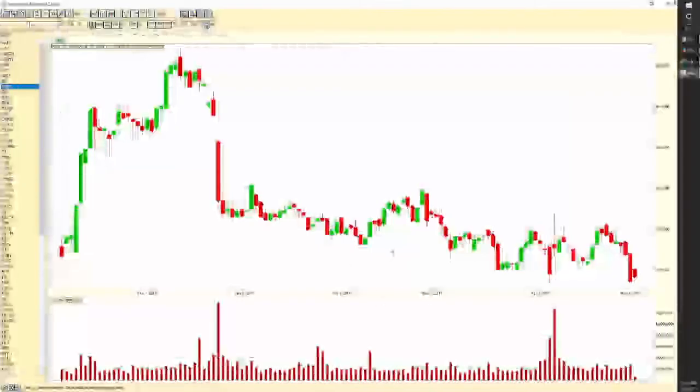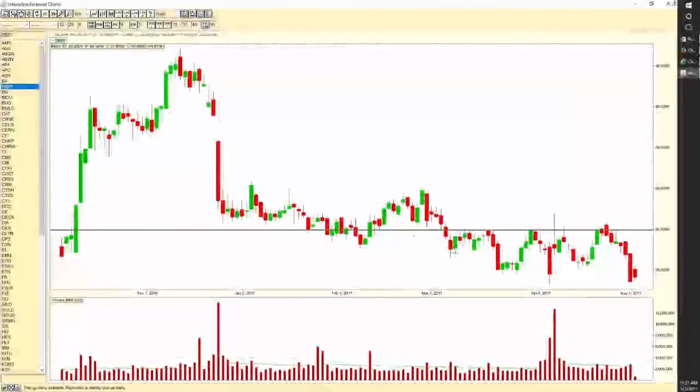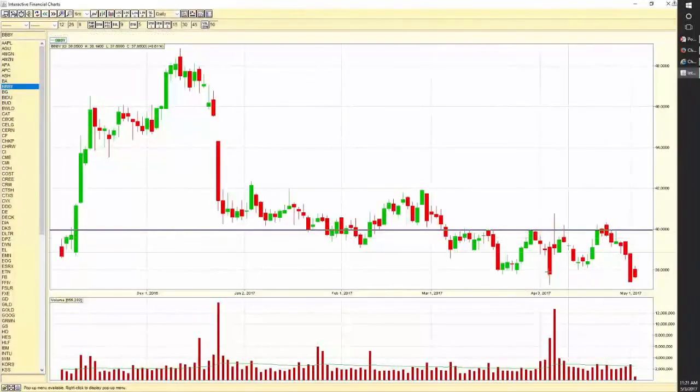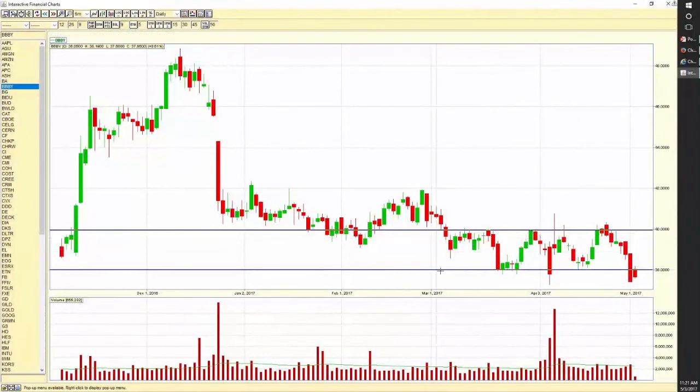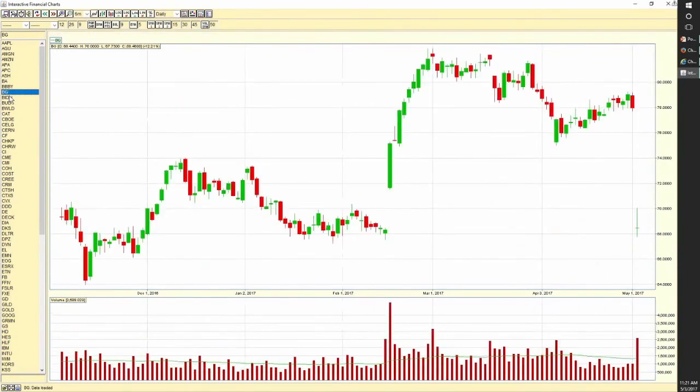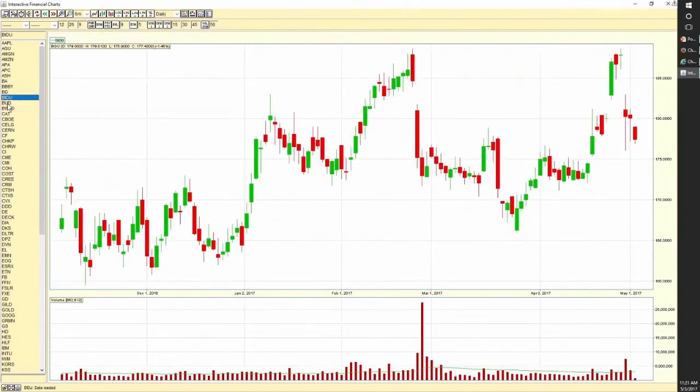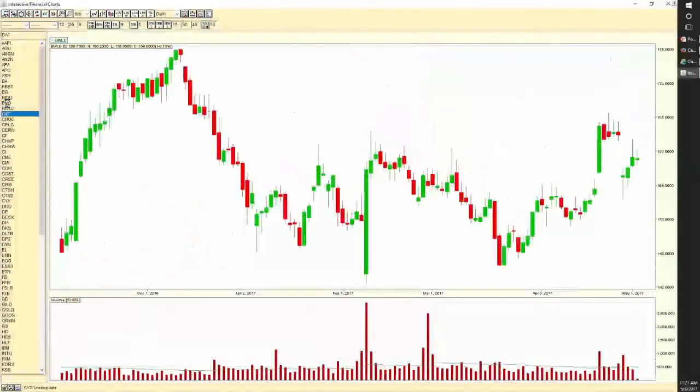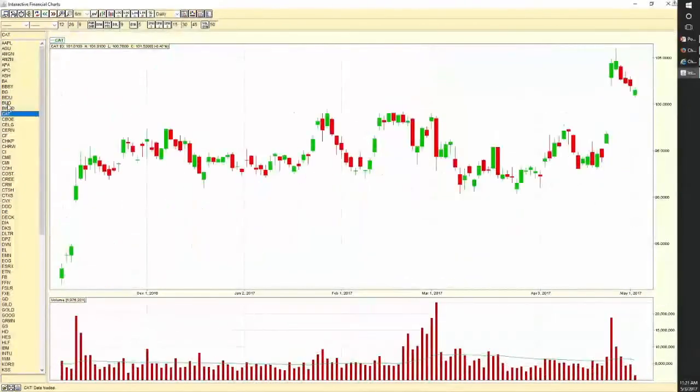How about Bed Bath & Beyond? Bed Bath & Beyond looks like it tested the level at $40 1, 2, 3 times. Tested the level at $38 1, 2 times. It looks like it's playing around that level right now. Maybe Bed Bath & Beyond would be a nice candidate. Just going to click through a couple other ones here, and here I'm using my naked chart analysis.